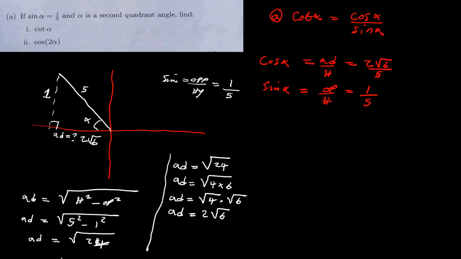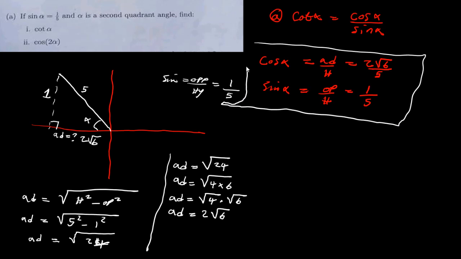With these values, we can look at the value of cot alpha. But one thing you need to know is that cos is negative in this quadrant. That simply means you need to add a negative in front of that value.